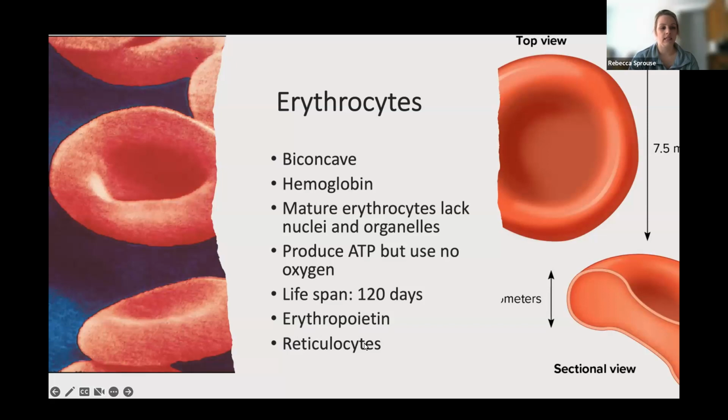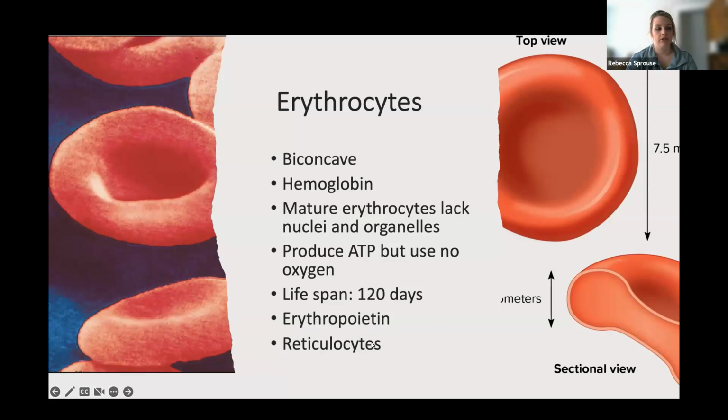And this idea of reticulocytes I bring up because this is something that's commonly measured in lab, like blood work. Reticulocytes are immature, almost mature red blood cells. They have left the bone marrow, but they still may have a nucleus. The nucleus does not get ejected until the red blood cell is fully mature.